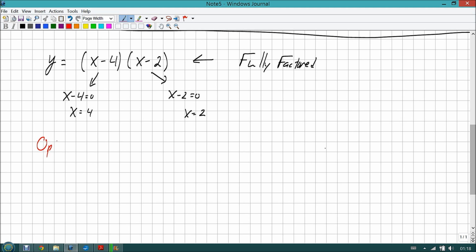Option 1. Convert to standard form, and use x is equal to negative b over 2a. And then there's the second option, option 2. And option 2 uses the property of parabolas in that all parabolas are symmetrical.